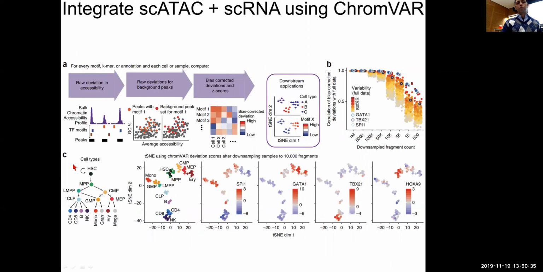And you can play all kinds of games to understand how, for example, the hematopoietic lineage is differentiating between myeloid and lymphoid and all kinds of other sources of these cells. And you can ask, how are the transcription factors changing their expression as I go down, and how are their targets changing their activity as I go down these differential lineages. Raise your hands if you're with me so far.